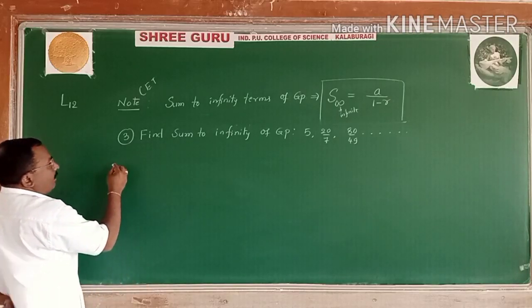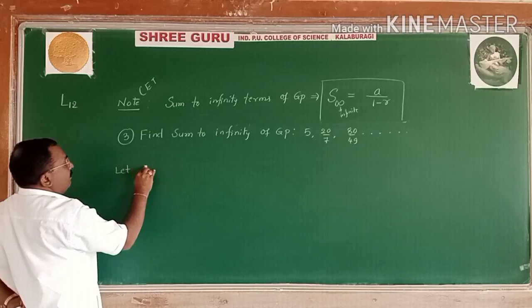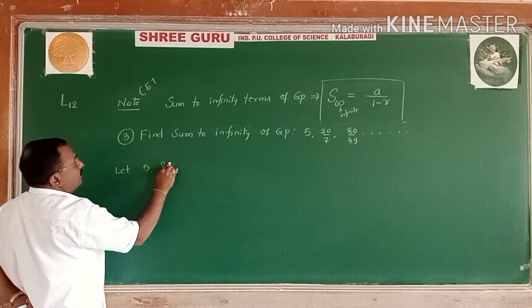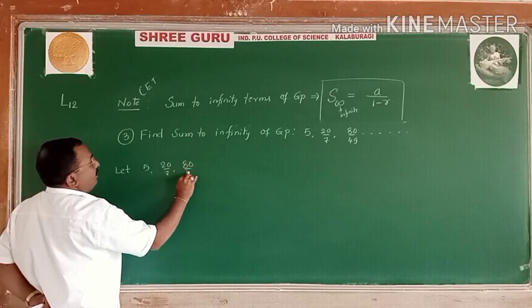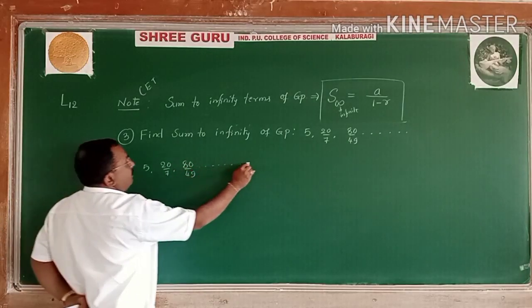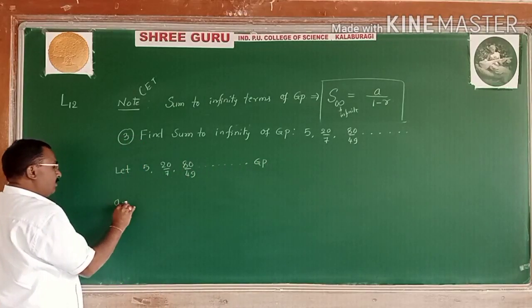Here, let 5, 20 by 7, 80 by 49 up to so on be in the form of GP. A is equal to 5.